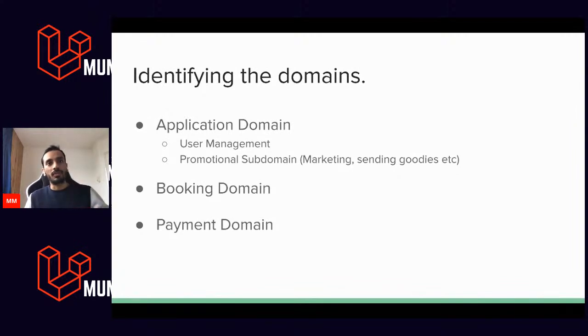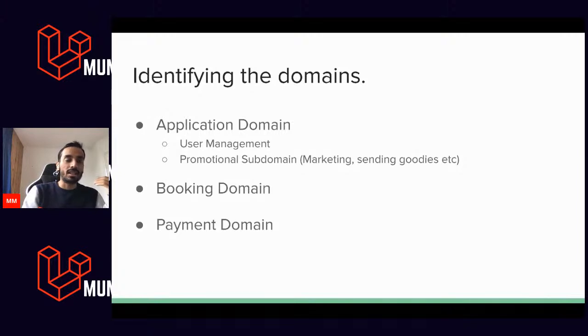It is also possible we come across something different that we are not able to featurize right now, and if payment is tightly coupled with the application domain, then we are making it more dependent on the payment domain. Okay, so let's move on. Right now, we have identified the application domain, booking domain, and payment domain.